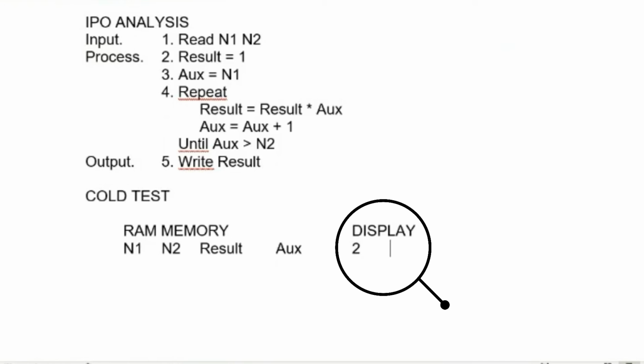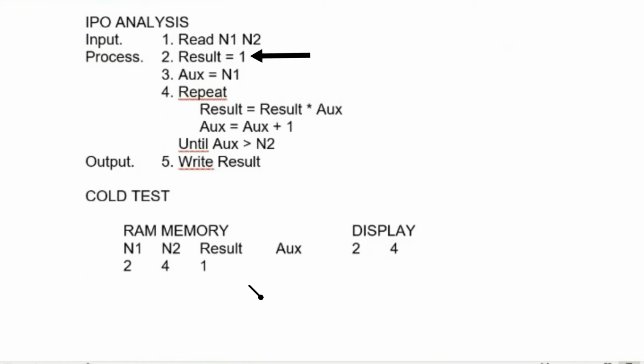Suppose the values are 2 and 4. That means 2 is going to n1 variable, 4 is going to n2 variable. Result is equal to 1, aux is equal to n1. That means 2.